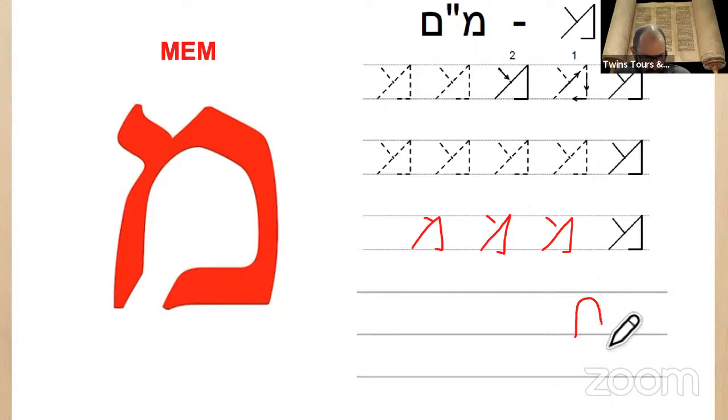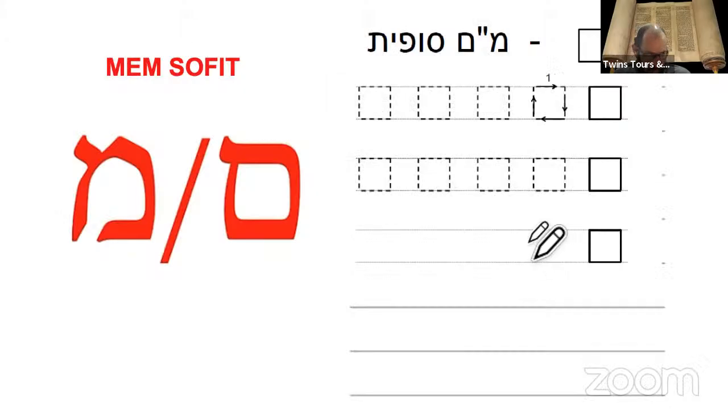Any form you write it, the most important is this part inside. It shows that it's mem. Mostly you find it in this form, at the beginning and the center. But you have to understand mem sofit, at the end of a word, is different. It's like a square. You differentiate it with this small tilt at the end of a word.